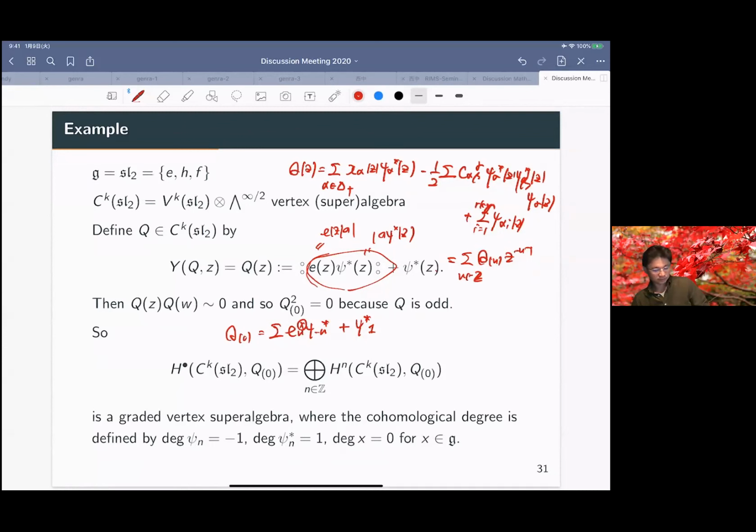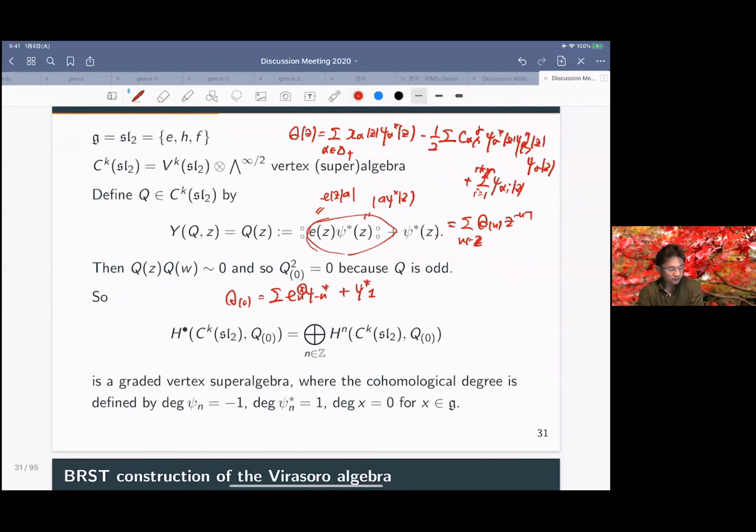If you forget G, this is really the differential for Lie algebra cohomology, and if you put G, you get the differential for the affine algebra. But for the non-Lie algebra case, I don't know whether there's a natural construction of such an operator. I'm not sure whether I get your question correctly.